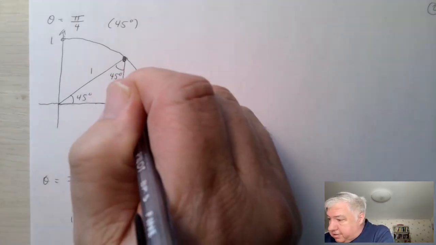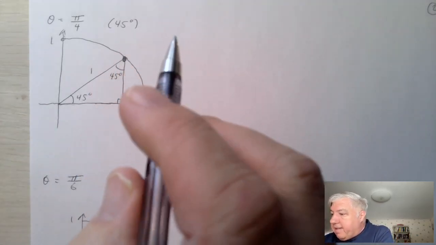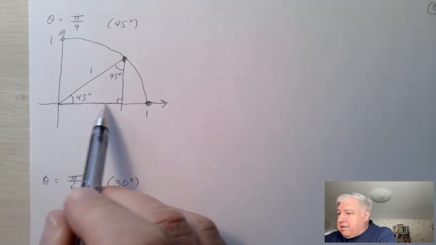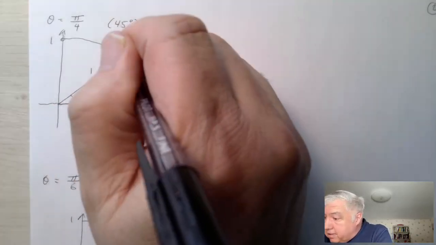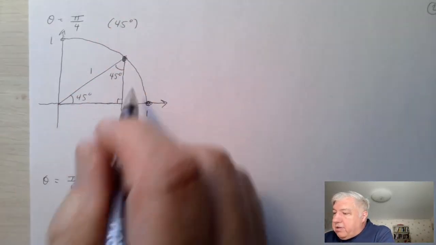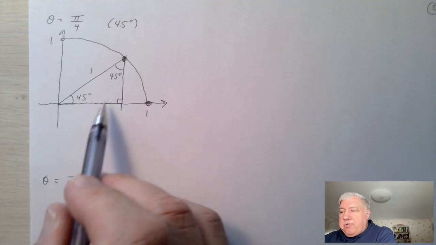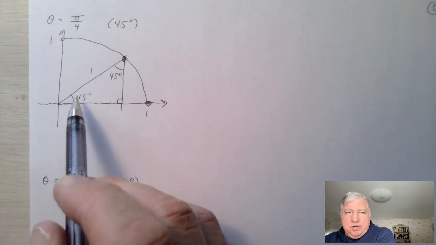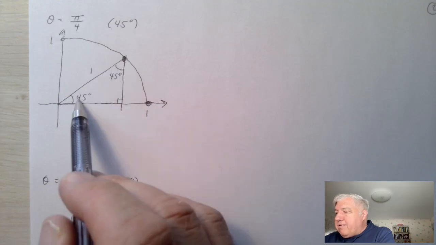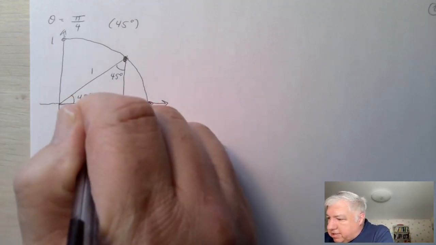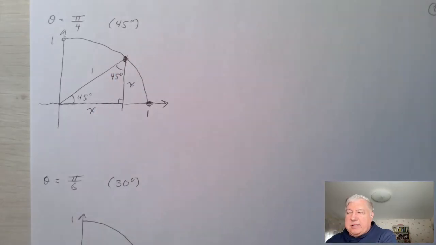So this distance would be the sine of 45, and this would be the cosine of 45. But we can see that in this case they're both equal, because we know a little bit about geometry. We know that if these two angles are equal, then these sides are equal. Okay, so let's give that a name, x.